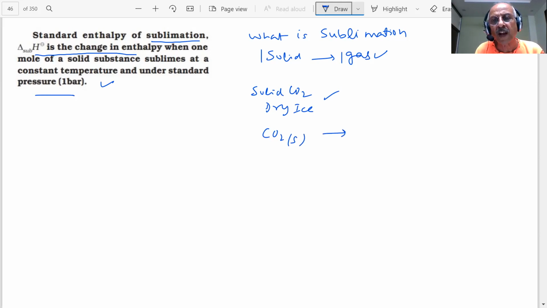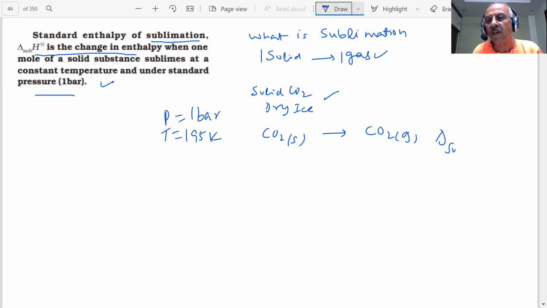If I take 1 mole of this and convert it into gas, when solid carbon dioxide sublimes at 195 Kelvin and 1 bar pressure, the enthalpy of sublimation is 73 kilojoules per mole. 73 kilojoules per mole of energy is absorbed when 1 mole of solid CO2 is converted into 1 mole of CO2 gas. This process is called sublimation, student, note it down.